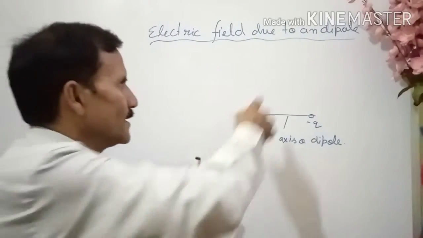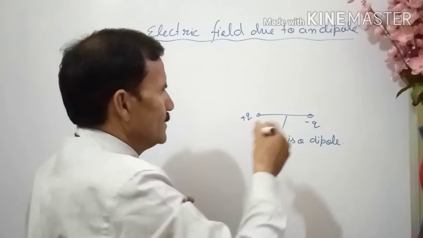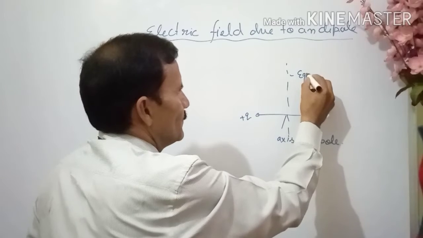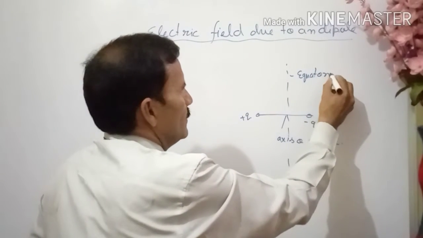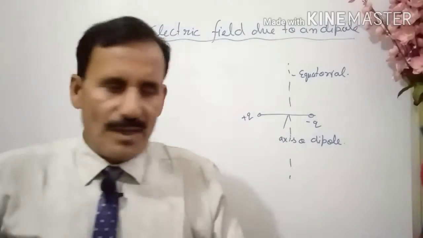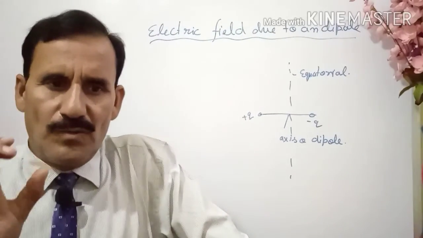And this other line is called the equatorial line.